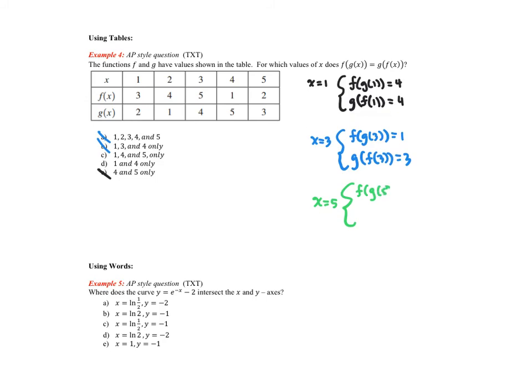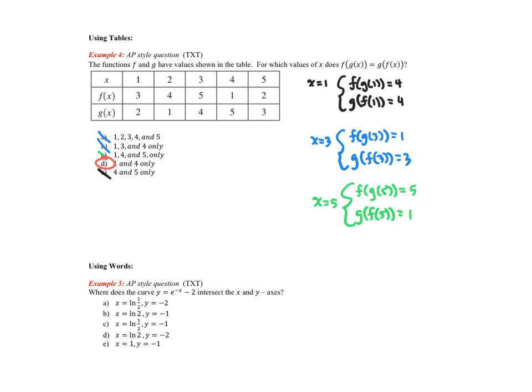F of g of 5 is equal to, let's see, g of 5 is 3, f of 3 is 5. G of f of 5, f of 5 is 2, g of 2 is 1. x equals 5 does not satisfy that, therefore our answer ends up being D, as in delta.